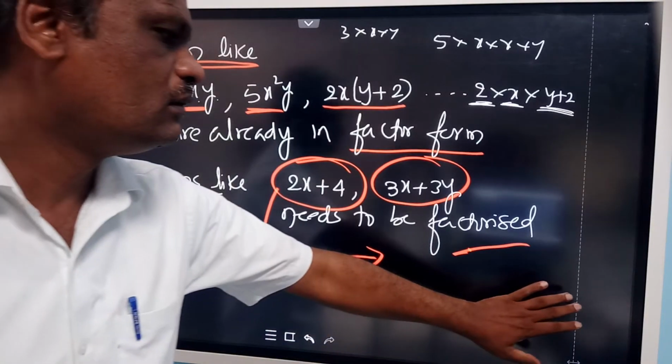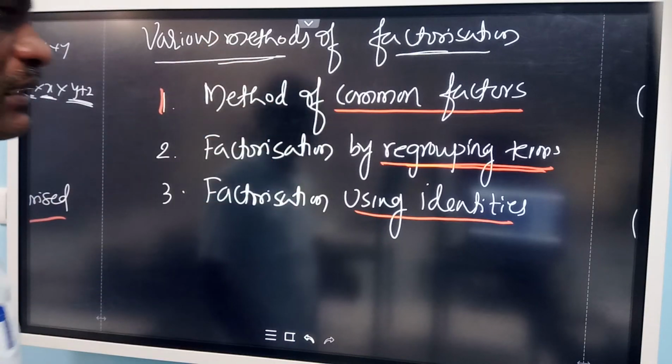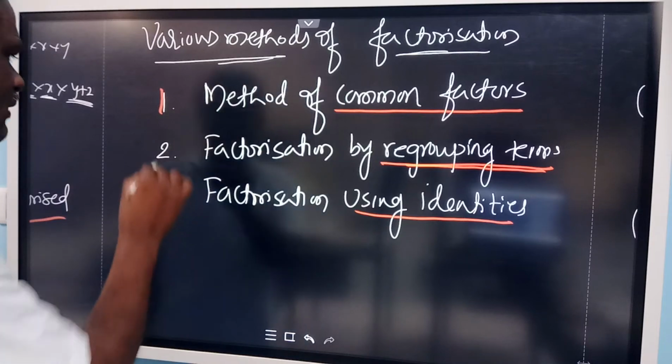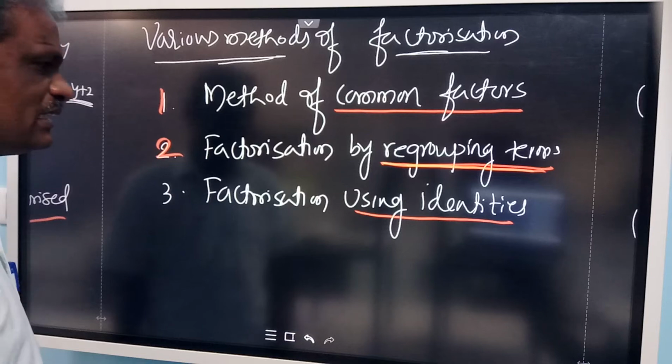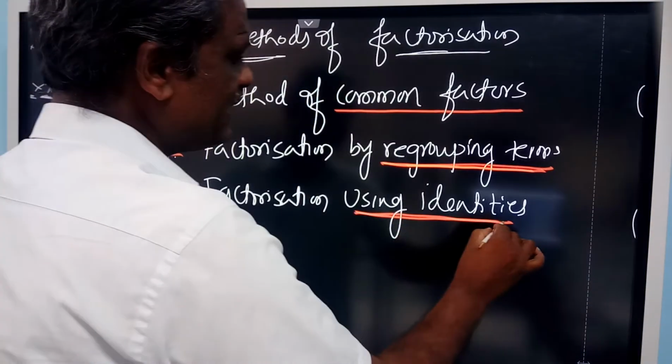Yes, sir. So now look at this. I told you we are going to learn three methods. One is the method of common factors. Second one, factorization by regrouping the terms. Third, factorization by using identities.